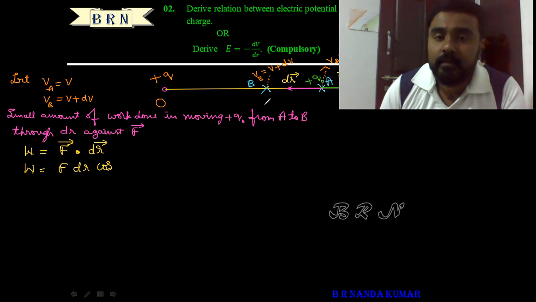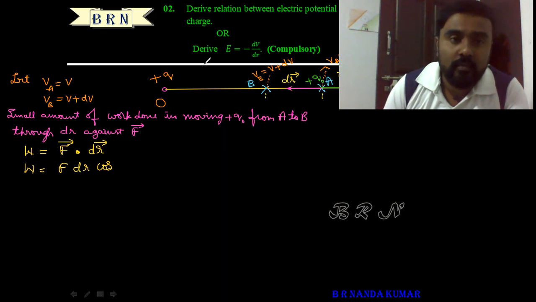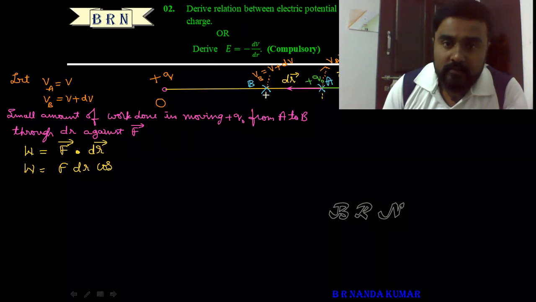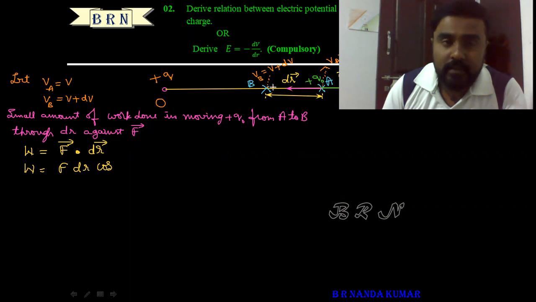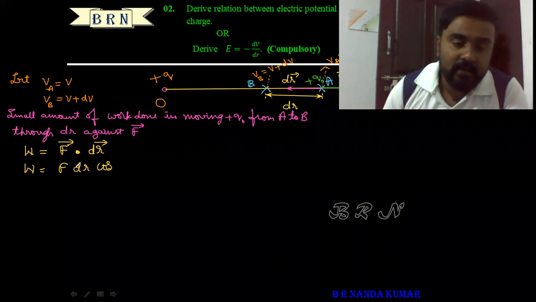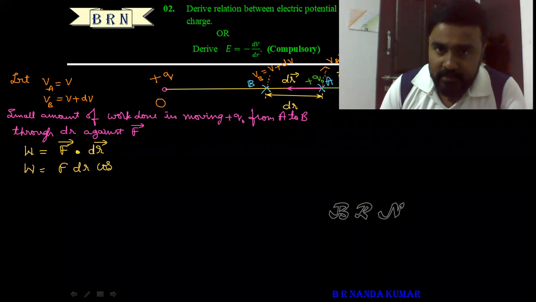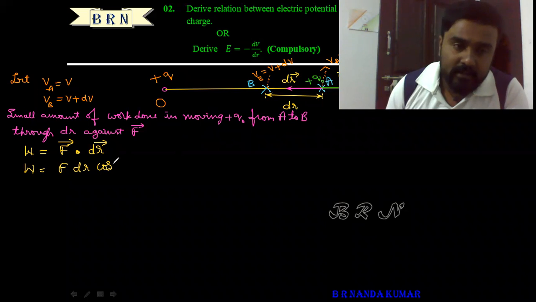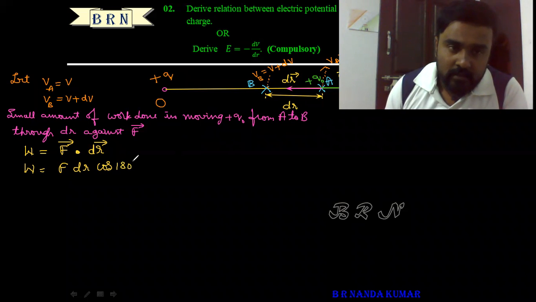So the angle between F vector and dr vector, the displacement from point A to point B, is 180 degrees, because F vector is anti-parallel to dr vector. So cos 180 degrees is -1. So it is minus F into dr.